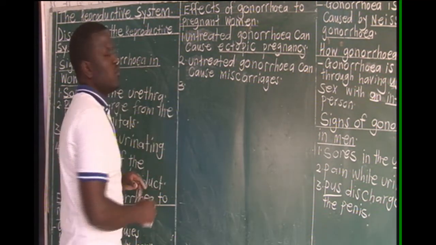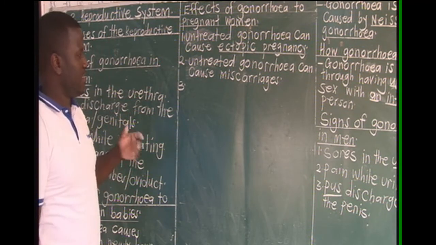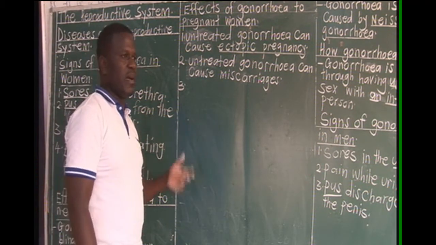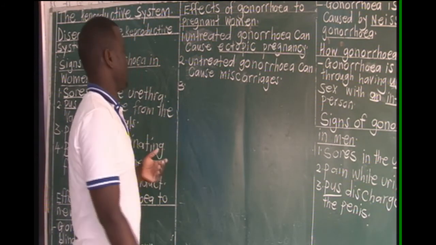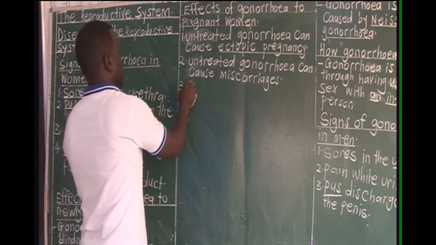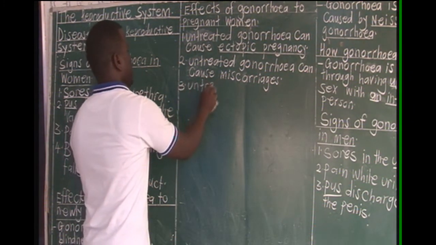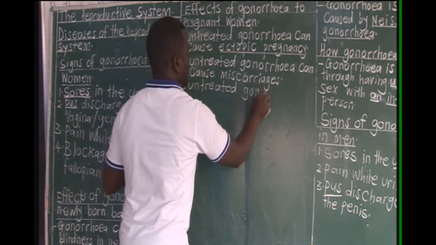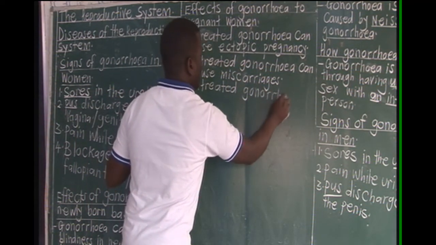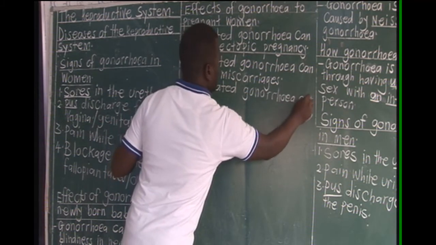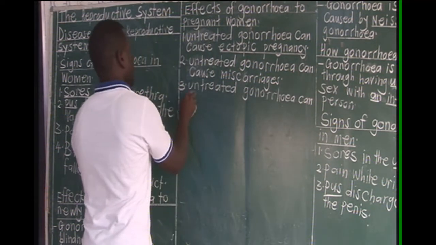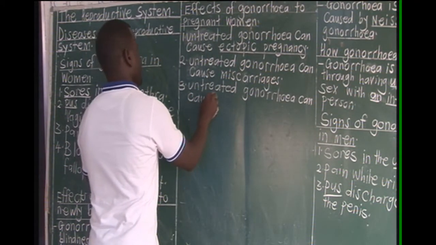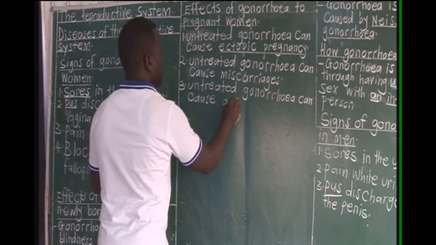Then untreated gonorrhea can also cause a stillbirth. Stillbirth is giving birth to a child who is dead. Untreated gonorrhea can cause a stillbirth.